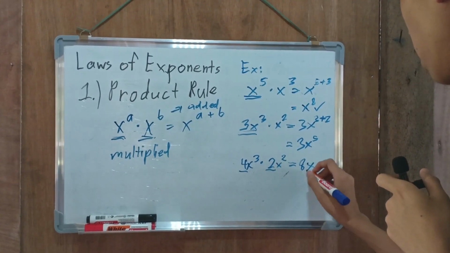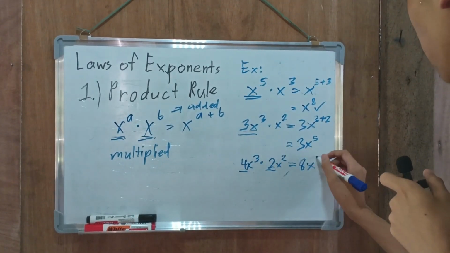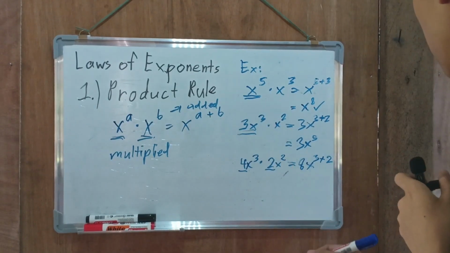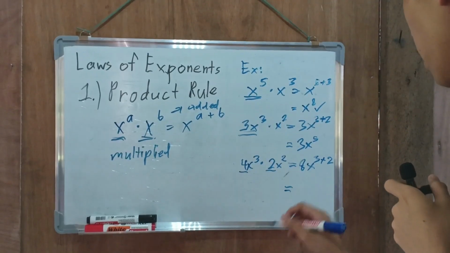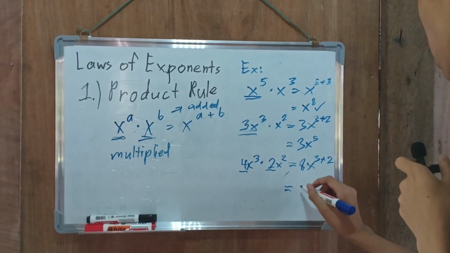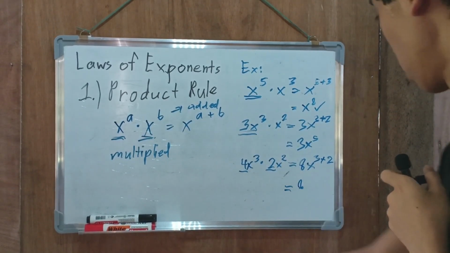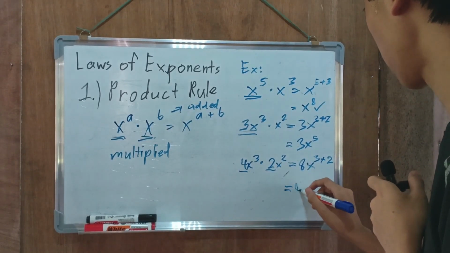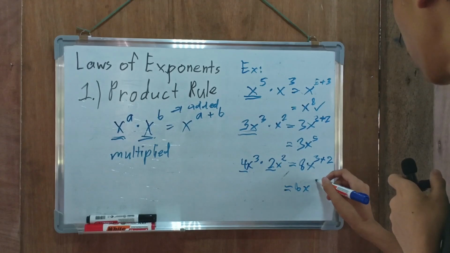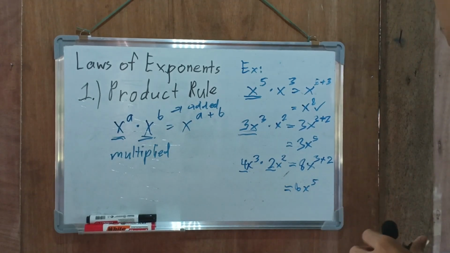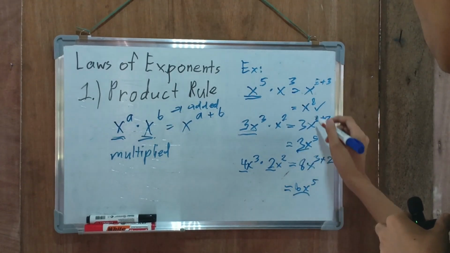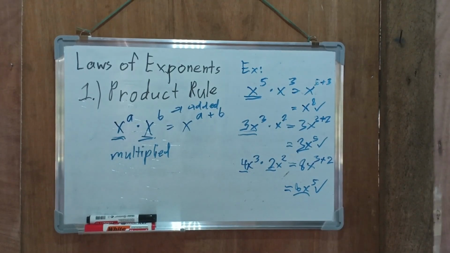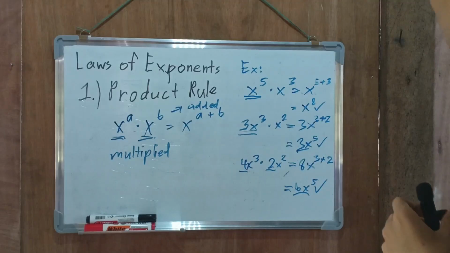Take x and then put 3 plus 2 according to the rules. So this equals 8x raised to 5. You can pause the video if you want, and I'm just going to erase the entire thing.